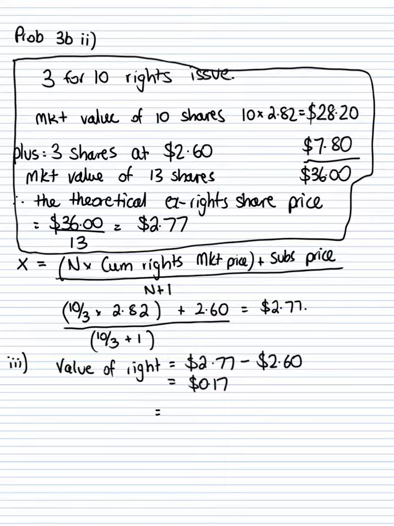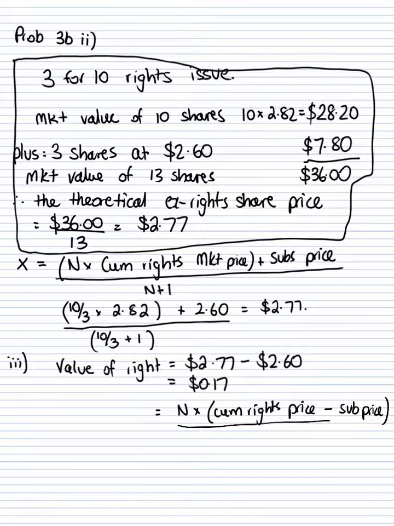Equally, I could have used the formula that's provided on the formula sheet. So N times open bracket cum rights price minus the subscription price, all over N plus 1.